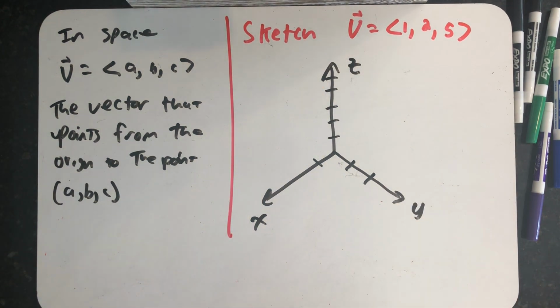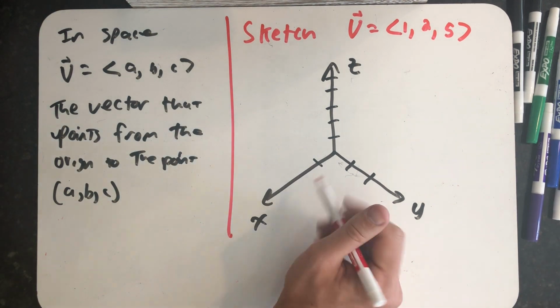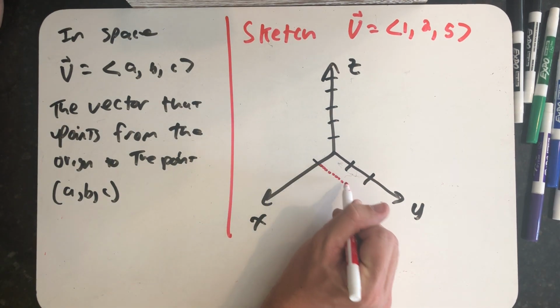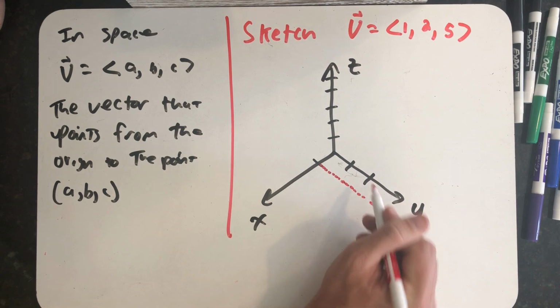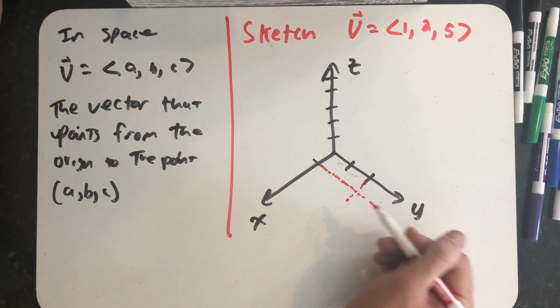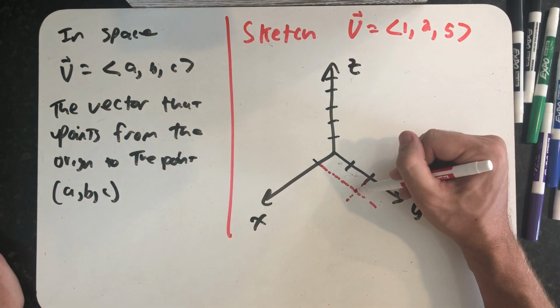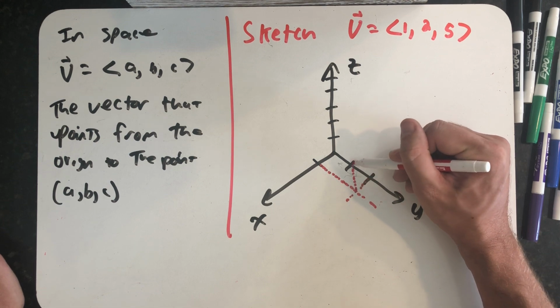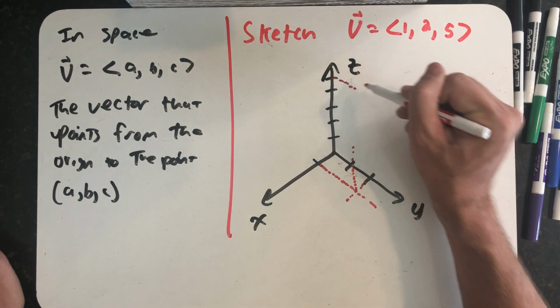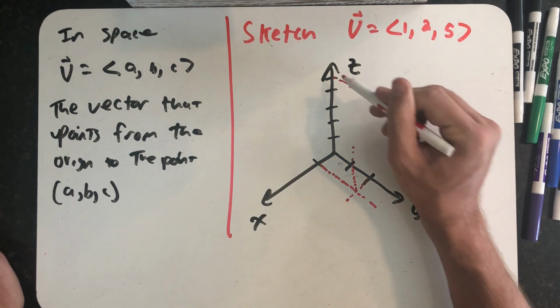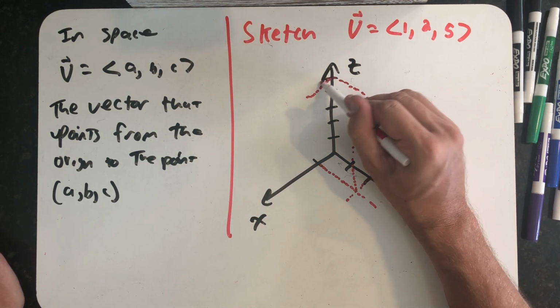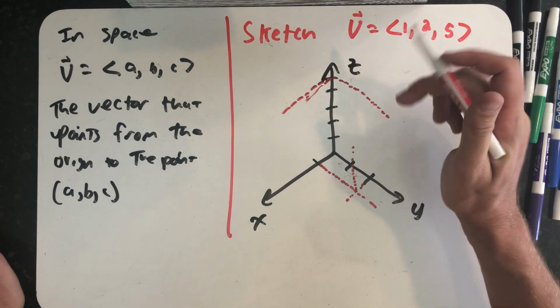So something like that. And if I just think about drawing lines parallel to my coordinate axes, I should be able to find that point. Or better said, I'll find the terminal point of the vector I'm trying to sketch.